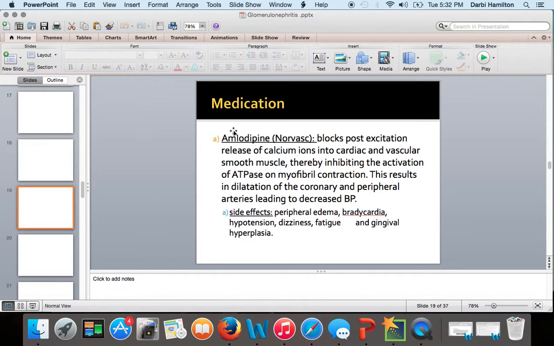This results in dilation of coronary and peripheral arteries, leading to decreased blood pressure. Some side effects of amlodipine, as I said it is a calcium channel blocker, include peripheral edema, bradycardia, hypotension, dizziness, fatigue, and gingival hyperplasia.